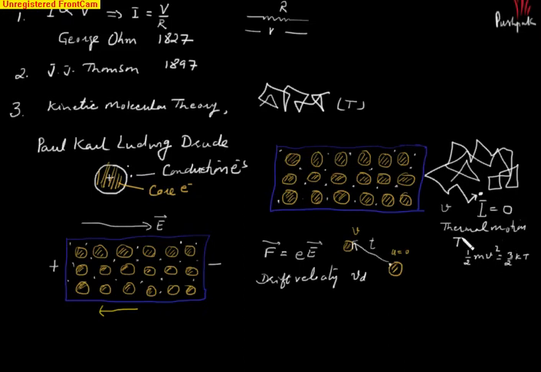So it is very clear that this velocity is only due to the thermal motion of the electrons. But when an electric field is applied, these electrons come under the effect of this force, and the thermal effect starts reducing and the effect of this force starts increasing.